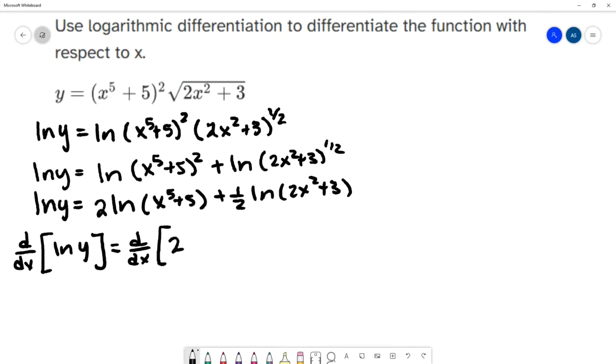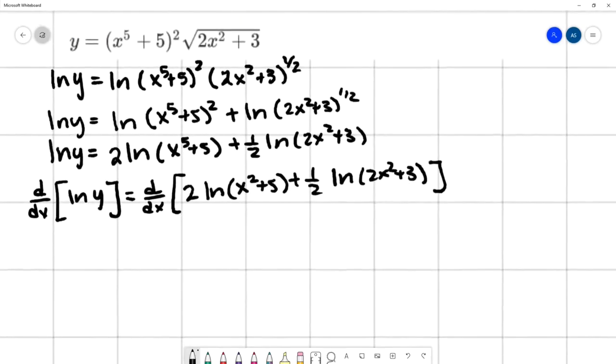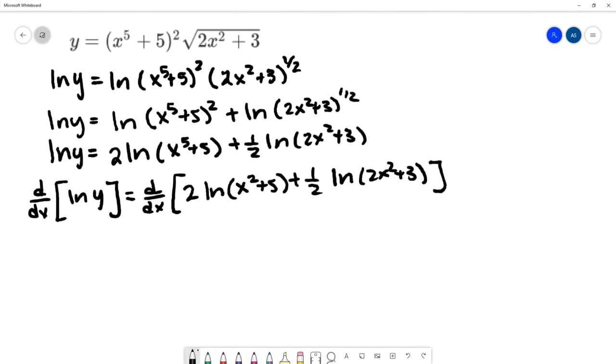So I have the derivative with respect to x of natural log y, the derivative with respect to x of 2 natural log of x squared plus 5 plus 1/2 natural log of 2x squared plus 3. Calculating the derivative on the left, we're going to follow our natural log rule, u prime over u, so that's y prime over y.